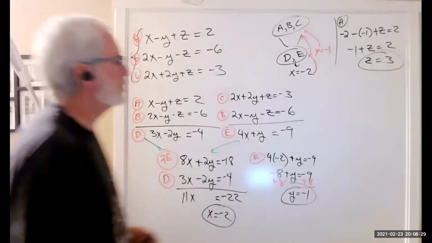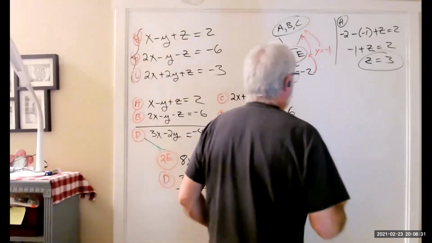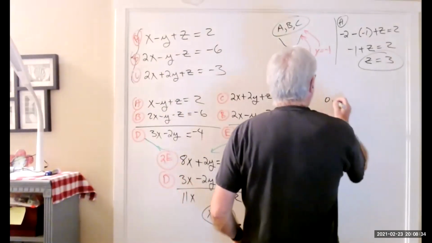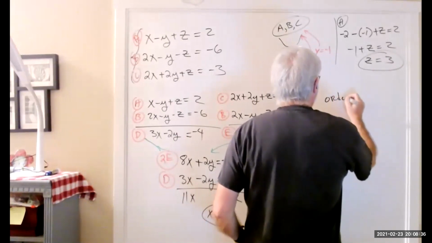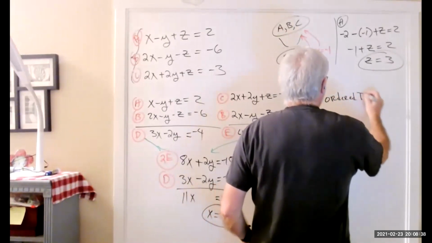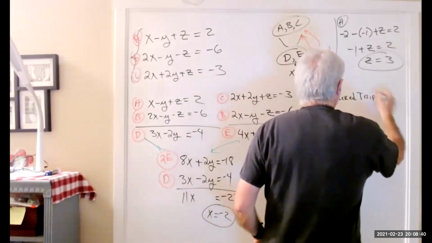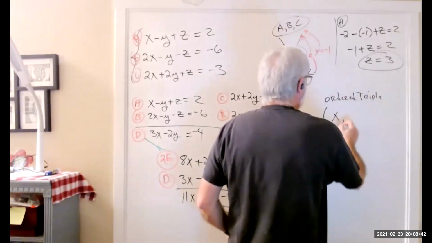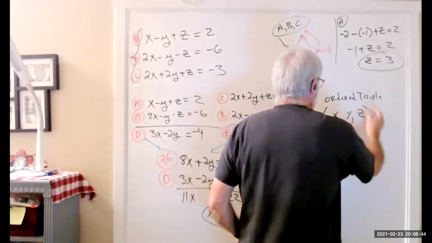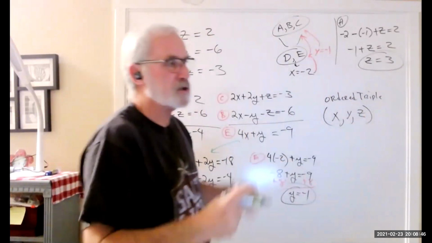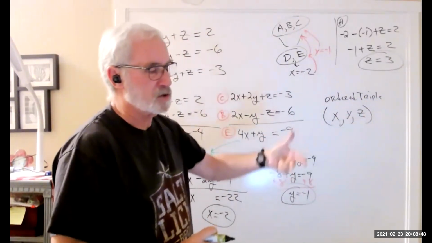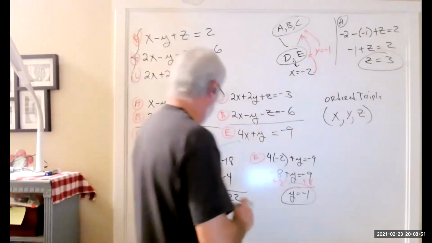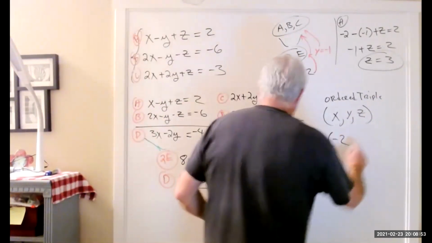So then the sixth step, I'm sorry, was your solution is called an ordered triple. An ordered triple is an X, Y, Z. It always goes in that order, X, Y, Z. So your X number is first, so it's -2.